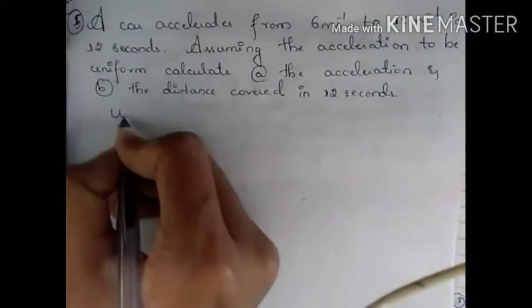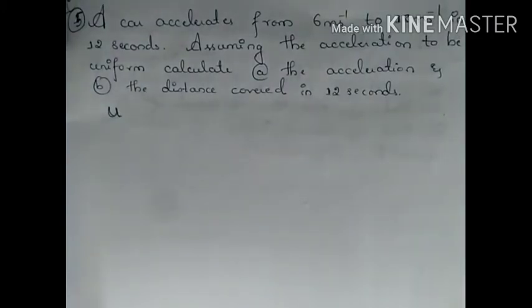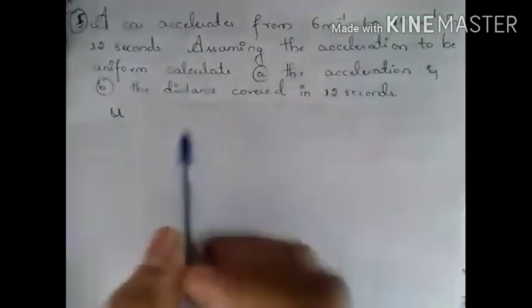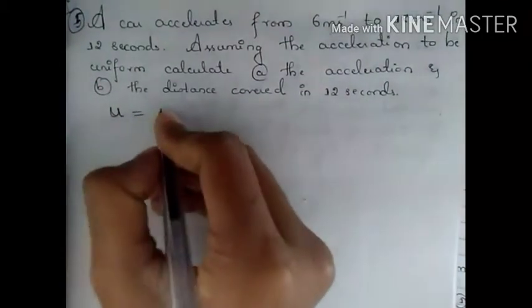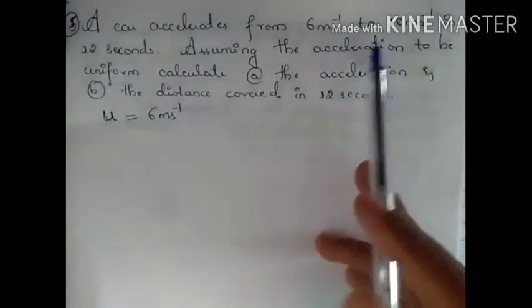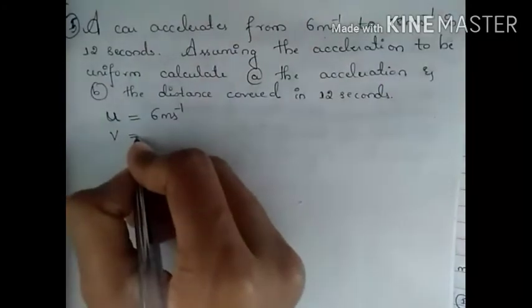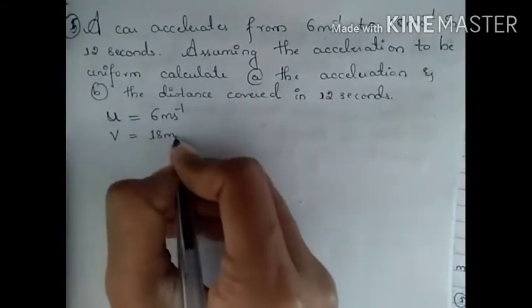So initial velocity of the car is how much? It is 6 meters per second. So that is given here. So initial velocity is 6 meters per second. So the final velocity is also given. V can be written as 18 meters per second.